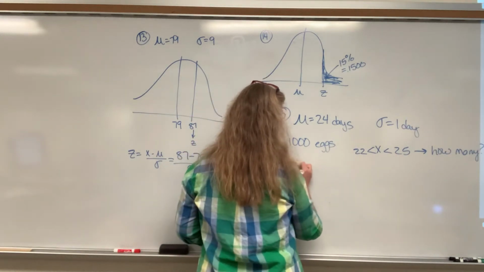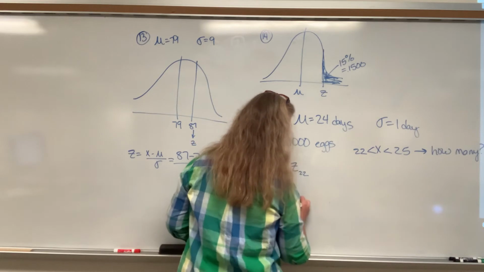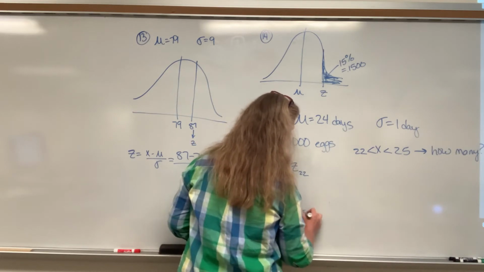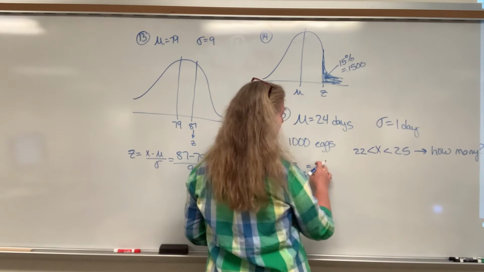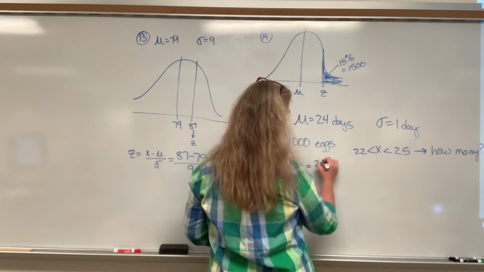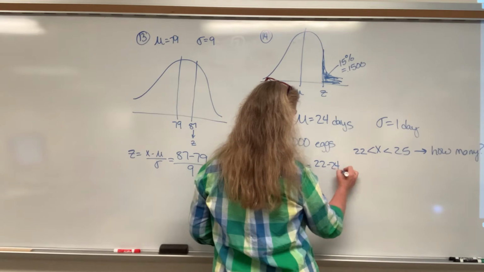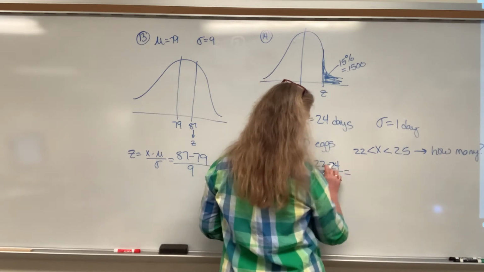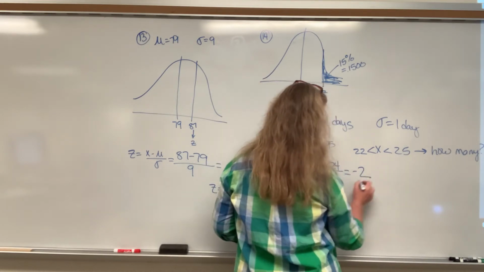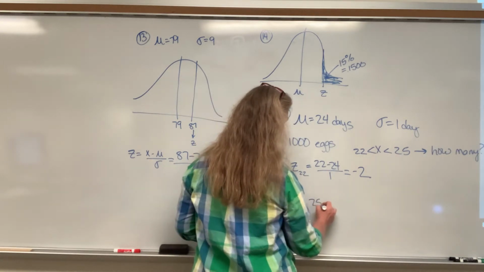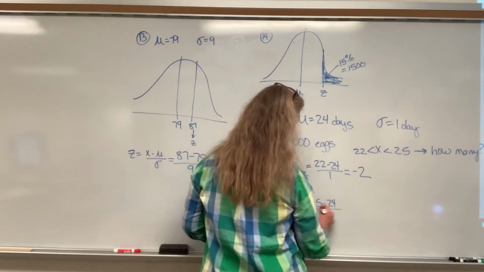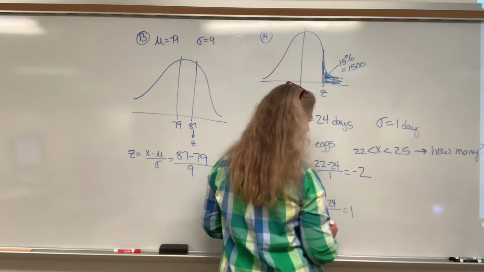So a z for 22, a z for 25. x minus mu over sigma: 22 minus 24 over 1 would be negative 2. Ones are beautiful, aren't they? 25 minus 24 over 1 equals 1.